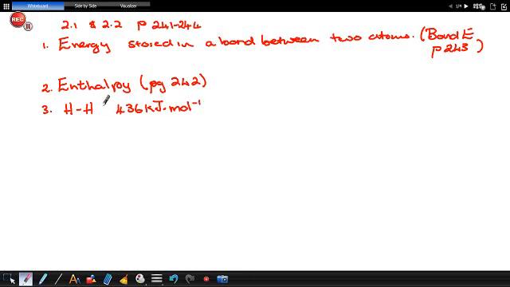So that is energy you need to add to the hydrogen to separate the atoms so that they are alone. With oxygen, you've got a double bond, and the bond energy in oxygen is 494. I see there is a mistake in your textbook on page 243.